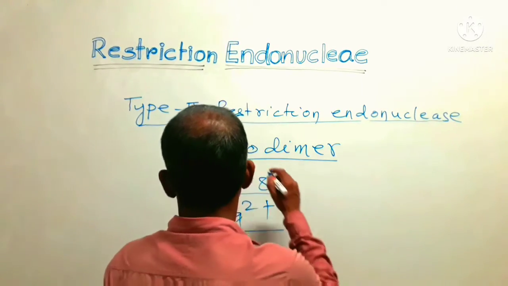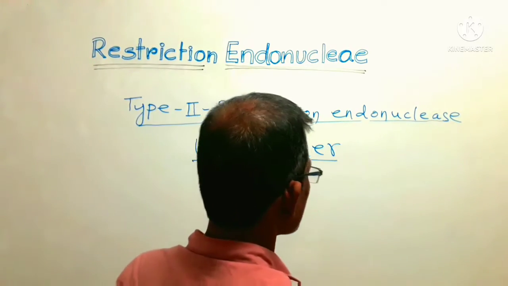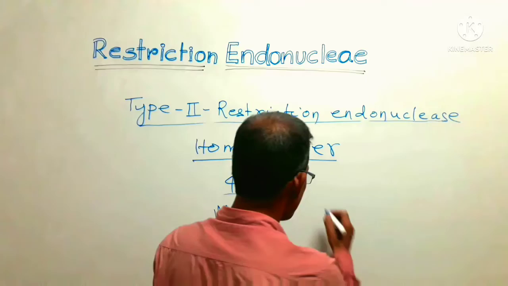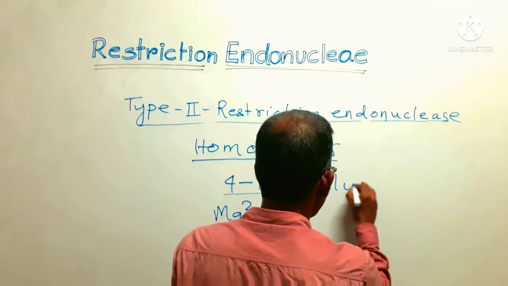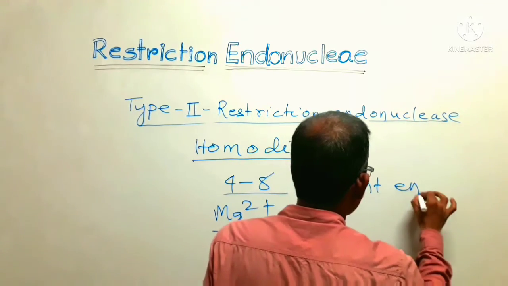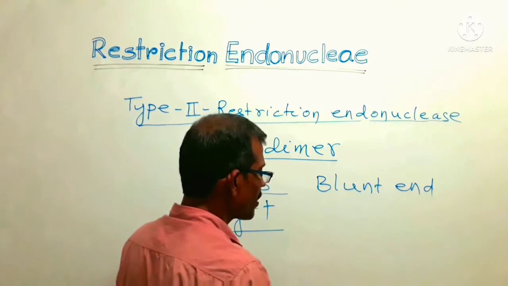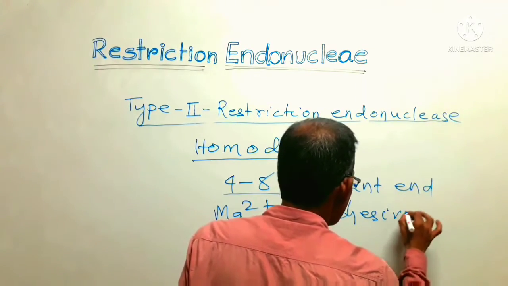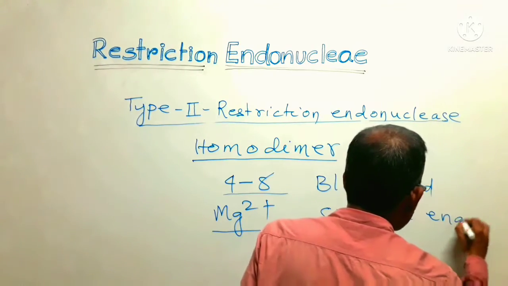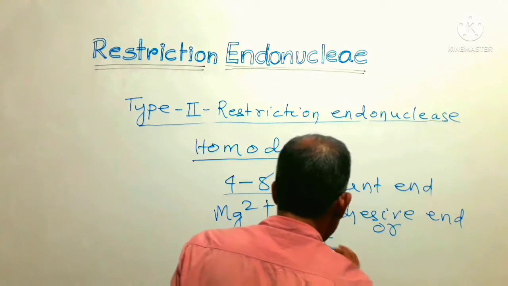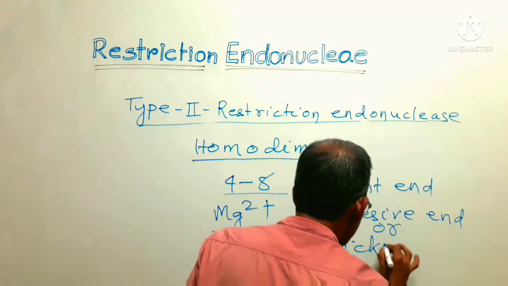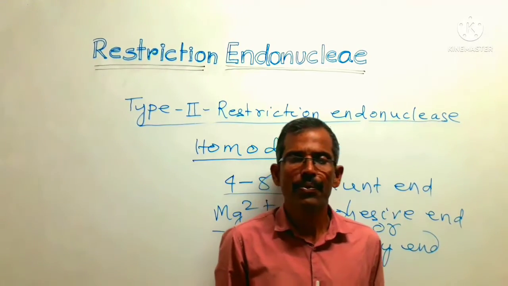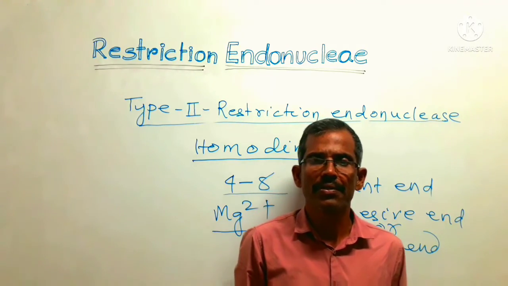The cleavage by type 2 restriction endonucleases yields two types of ends. One is blunt end, and the other is cohesive end, or sticky end. This is about type 2 restriction endonuclease.